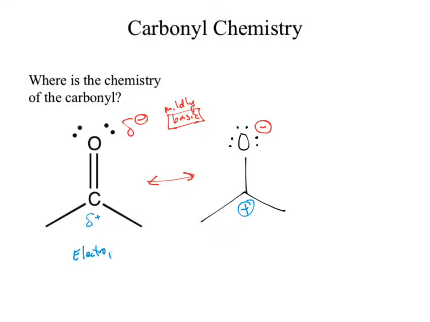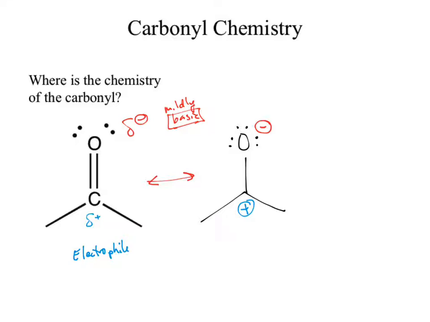Wait, you just said that the oxygen is not nucleophilic, but the carbon is electrophilic? Yep. Why is the carbon electrophilic? Because it has the big partial charge. Yes. And the oxygen's not nucleophilic because those electrons are already being occupied by the carbon. So those electrons don't have the freedom that the carbon would have to be attacked.